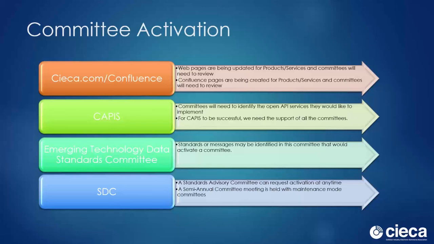And the Standards and Development Committee themselves, parts of procurement, they can say that they want to become activated to do something. And if we don't have an activation, we have the semi-annual committee meetings that are held, of course, semi-annually, so we can go over anything that CIECA is currently working on and keep everybody in the loop, even if we're not having regular meetings.